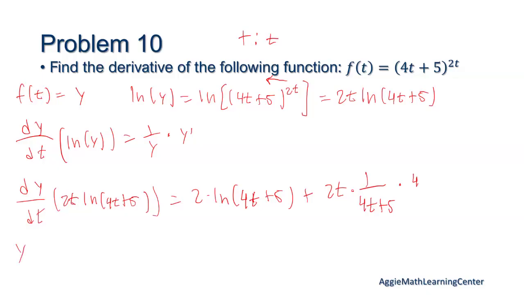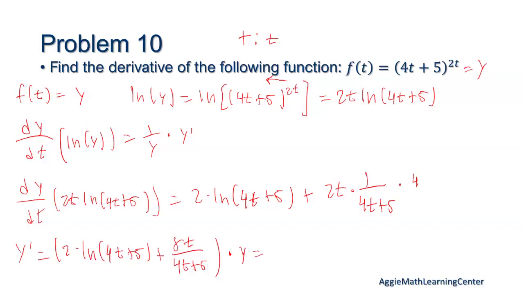Then we would get y prime equals 2 times ln of 4t plus 5 plus 8t over 4t plus 5, all times y. And then remember y equals this.